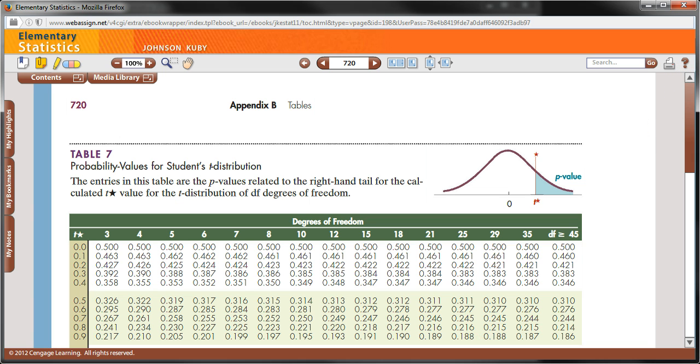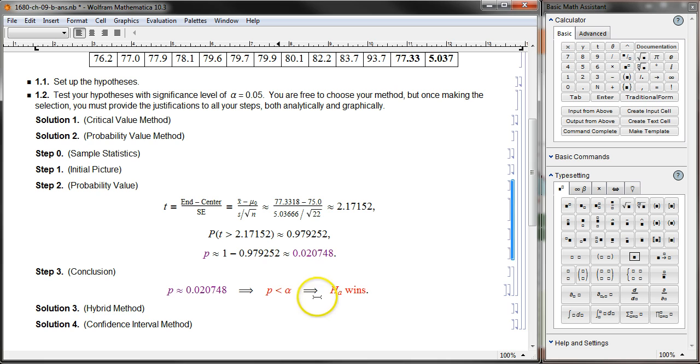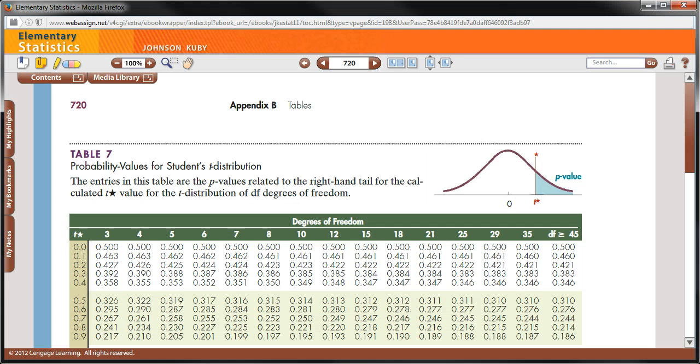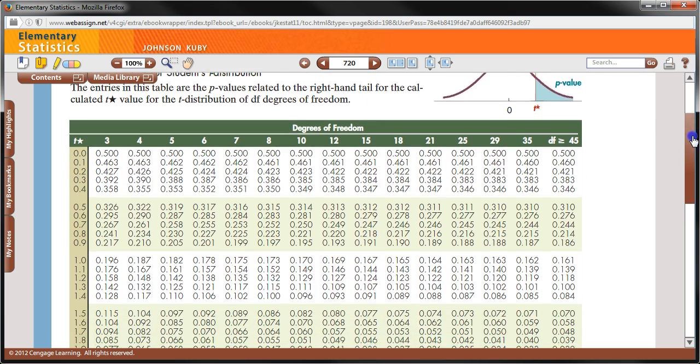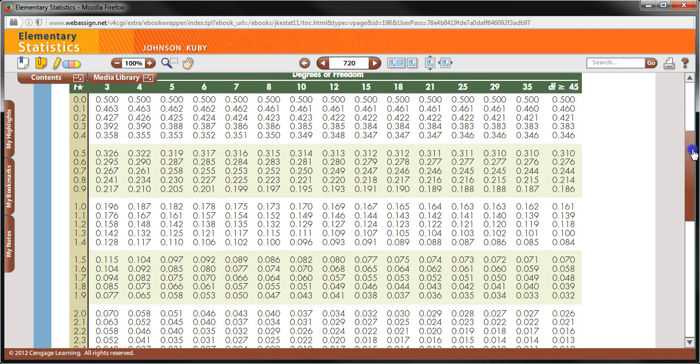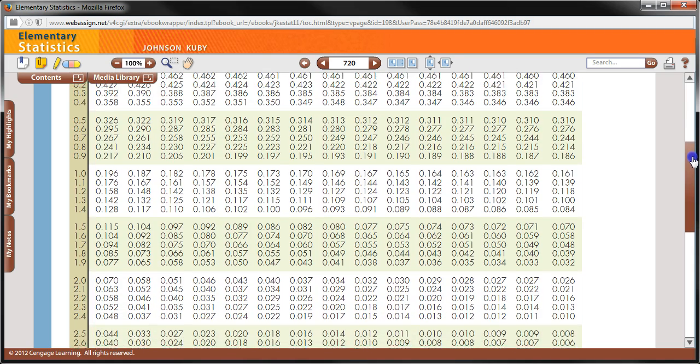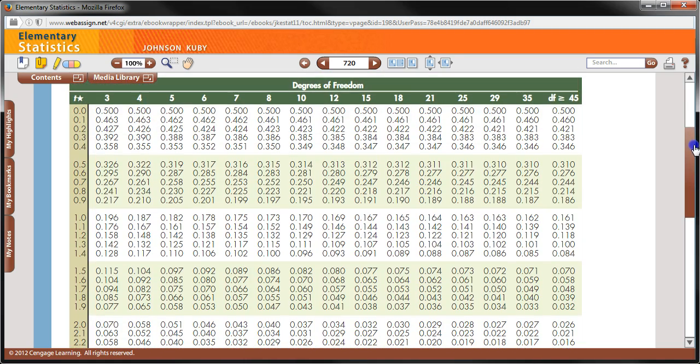Okay, what is the t-score we had here? 2.17, and the t-score for 2.17 should be here. Well, we don't have 2.17, so the closest is 2.2, so that's where we have to settle, 2.2, and then the degree of freedom is 21, isn't it?